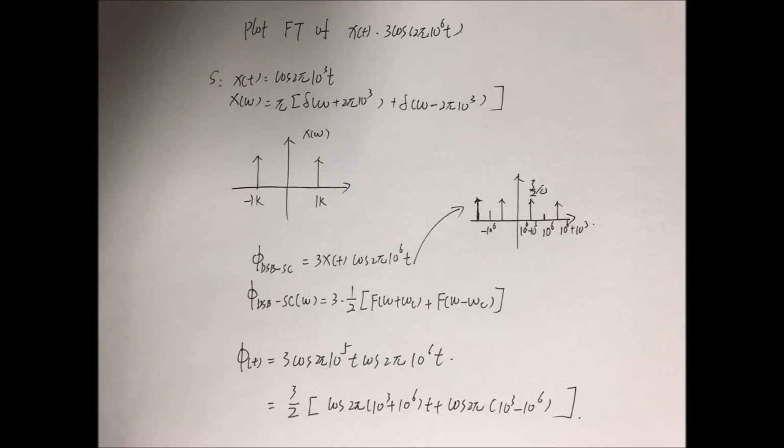The signal will be 3 cosine 2 pi times cosine 6 t.